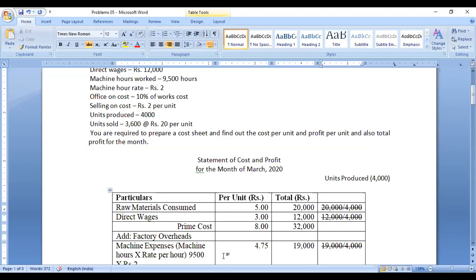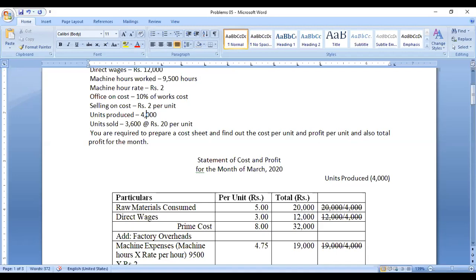In this question, the number of units produced today is only 4,000 units. But all the units are not sold out. Certain units are left out. That is called closing stock of finished goods.